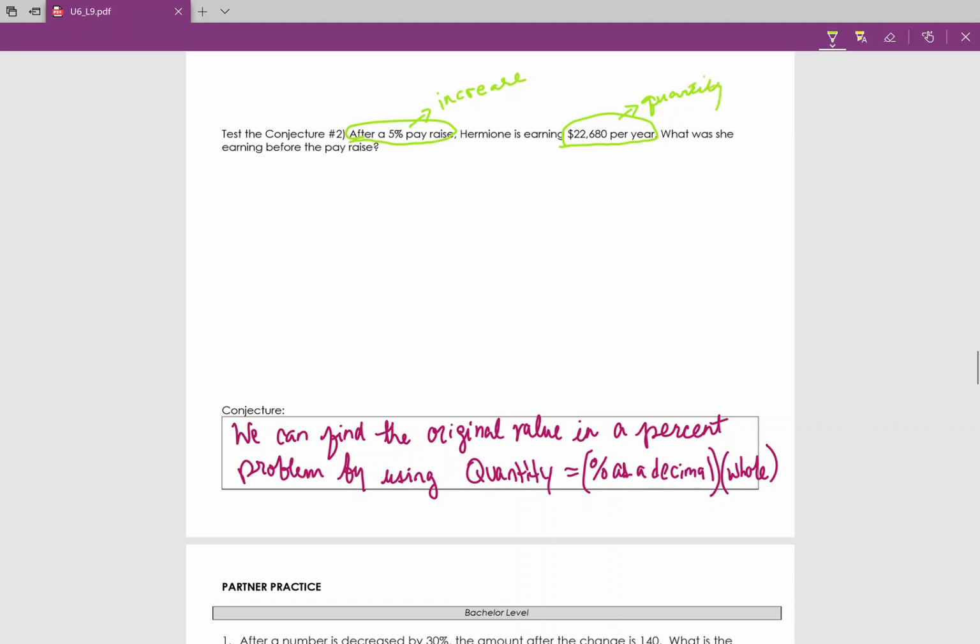There we go. So now that we have this annotated, we can easily use our percent equation. We have quantity equals percent decimal times our whole. And our quantity, like we said, is $22,680.